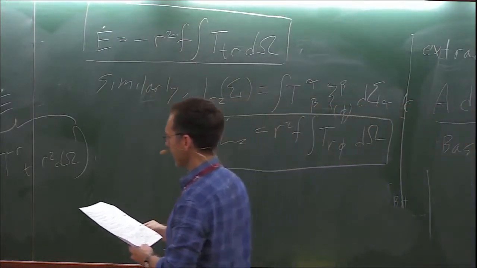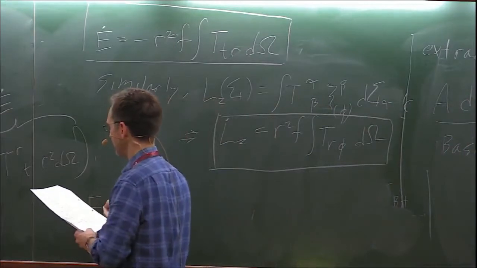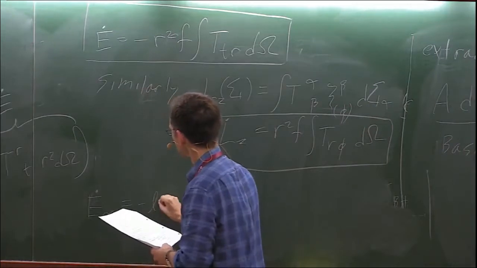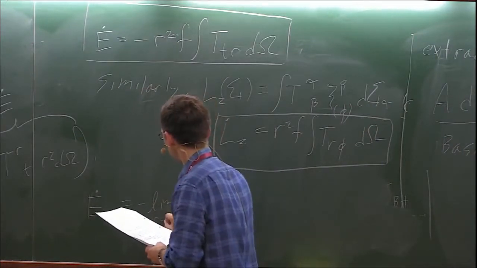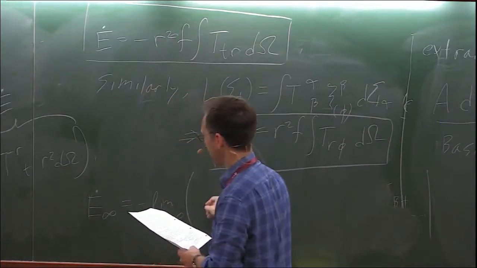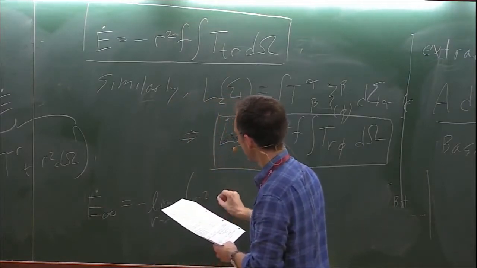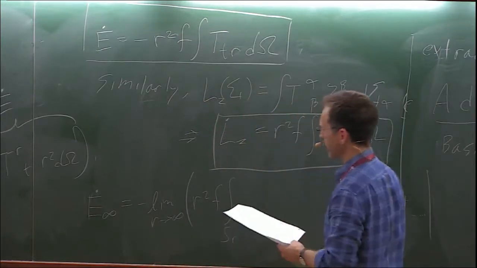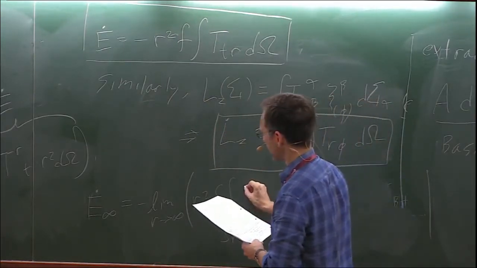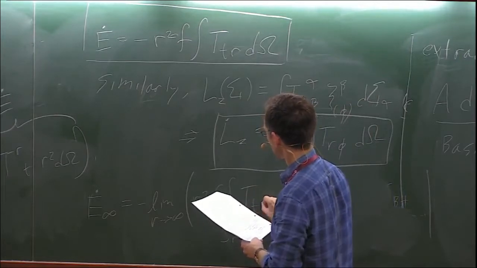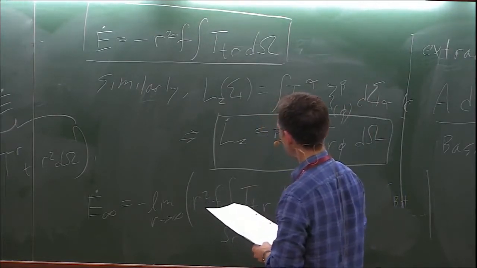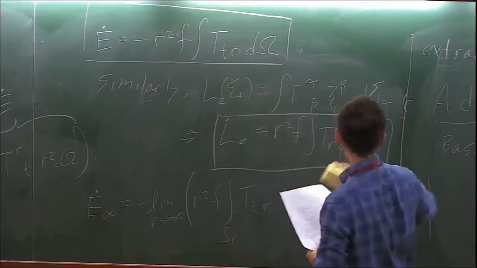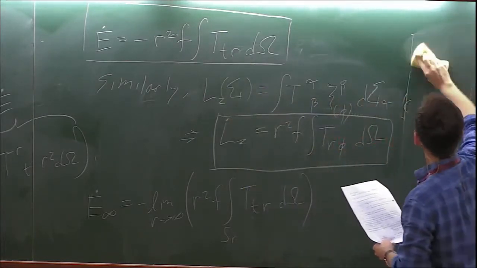So let's apply these at infinity, where we're going to calculate the flux of gravitational waves. So E dot at infinity is minus the limit, so r goes to infinity, of r squared f, and this is a sphere of radius r, t t r d omega. So this is just evaluating this formula at infinity.